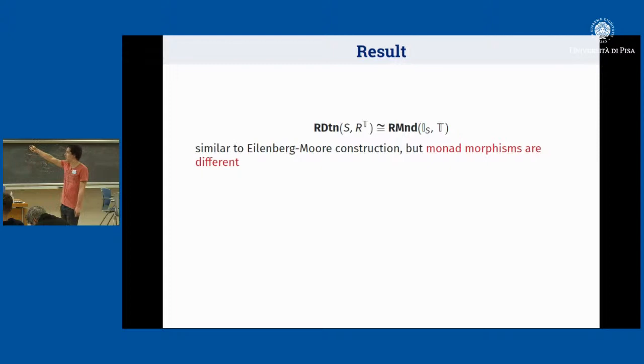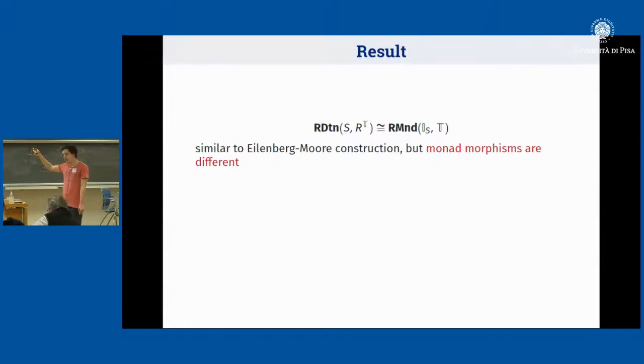which is given by this equivalence, this isomorphism between hom categories, where the hom category on the left is the hom category in the 2-category of relational doctrines, while on the right we have the hom category of the 2-category of monads.